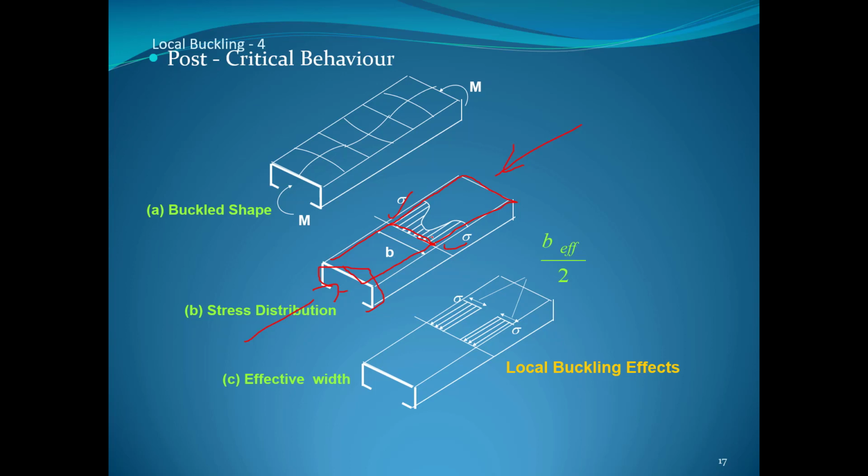So when it's compressed, the stress will be highly concentrated near the edges, and in the middle of the plate, it will be lower stressed. So for designing the column or even the beam, we are taking only the effective width. We are neglecting the internal low stressed portion. So this effective width is the width over which the member is highly stressed.